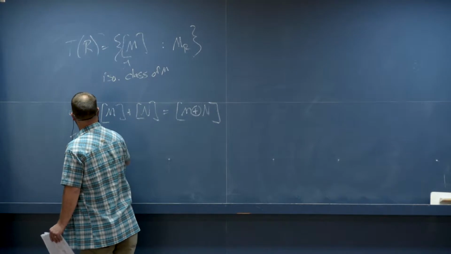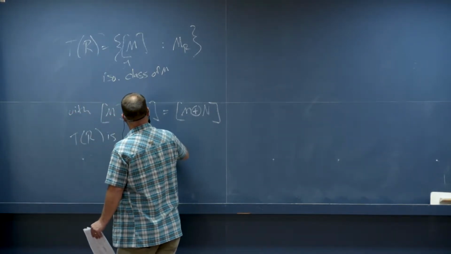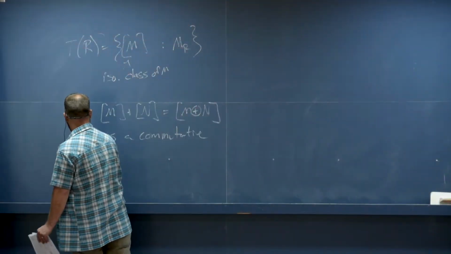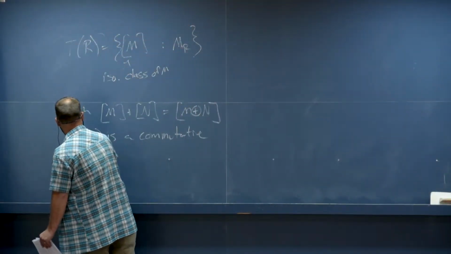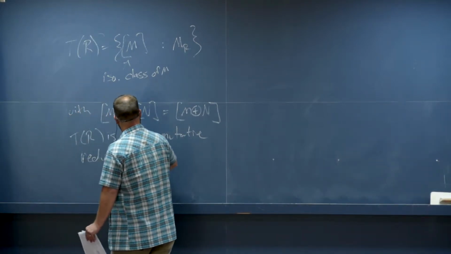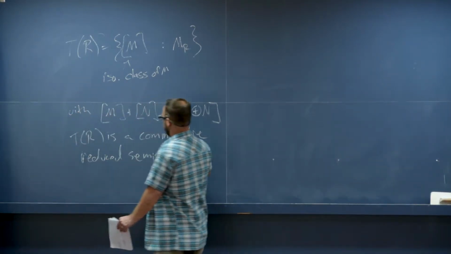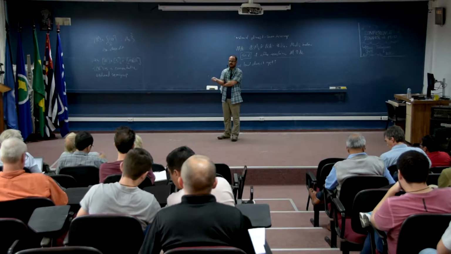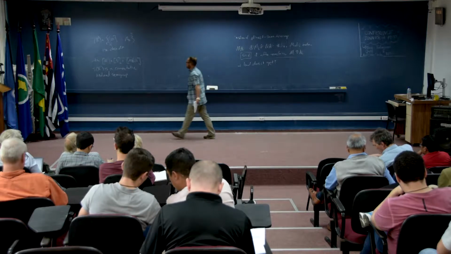T of R is a commutative, reduced semigroup. Reduced here means that the zero module is the only unit.